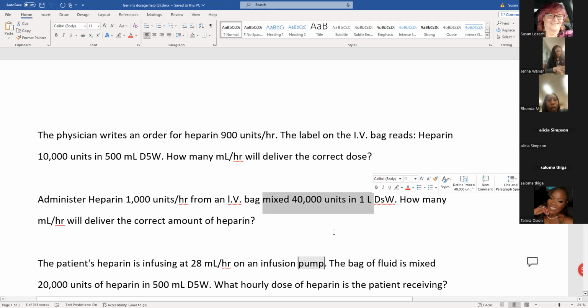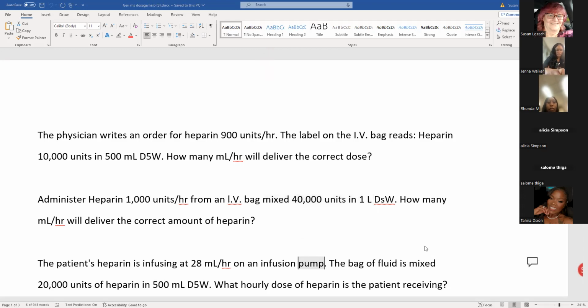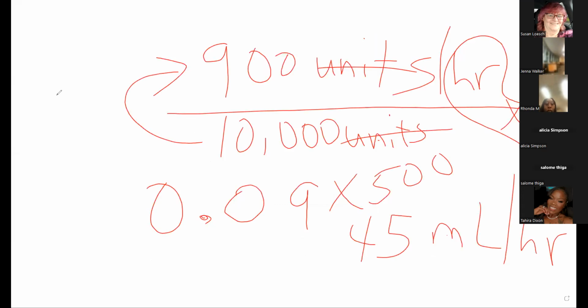What's your desired dose? 1,000. Okay, good. So it's going to be the same principle here then. Your desired dose is 1,000, right?